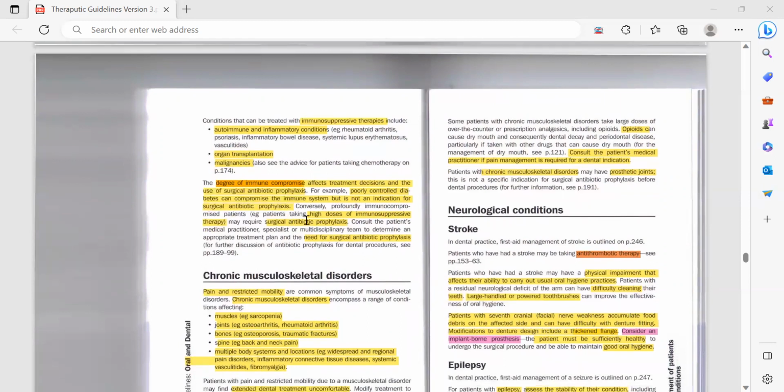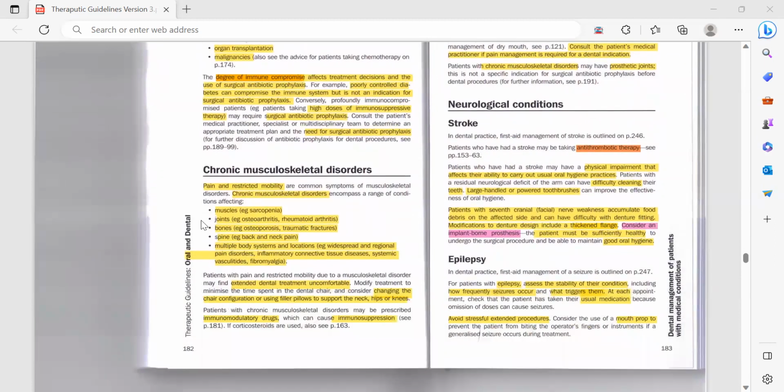Conversely, if the patient is profoundly immunocompromised, for example, taking high doses of immunosuppressive therapy for any of these conditions, then they may require surgical antibiotic prophylaxis. Consult the patient's medical practitioner, specialist, or multidisciplinary team to determine an appropriate treatment plan and the need for surgical antibiotic prophylaxis.